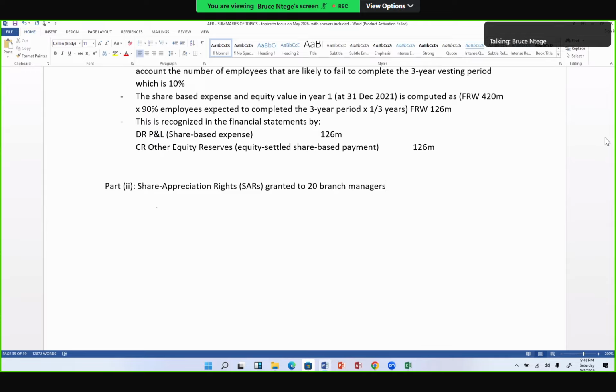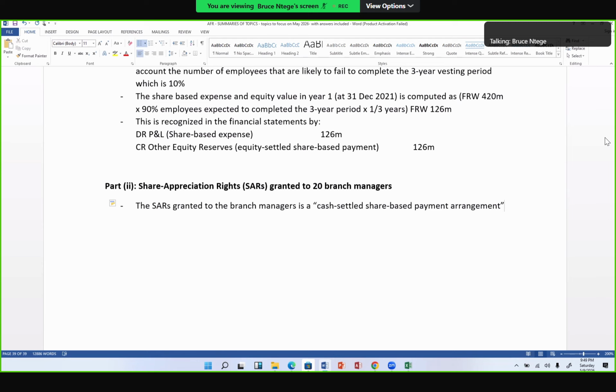So this is a cash settled share-based payment arrangement, implying that these instruments will be settled in cash. As such, share appreciation right instruments are settled in cash. So you have a tick and a mark for that.